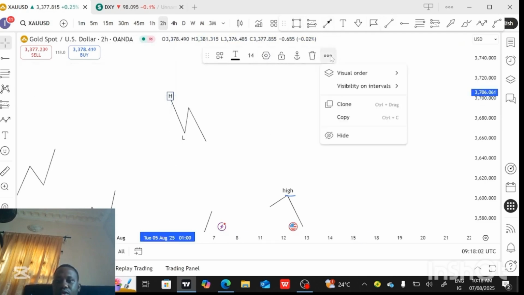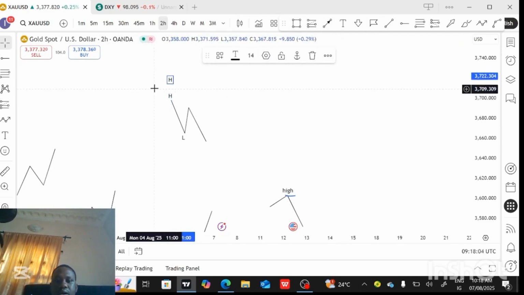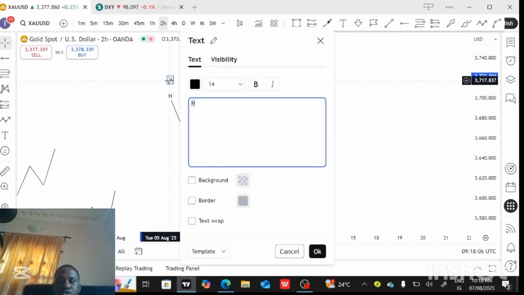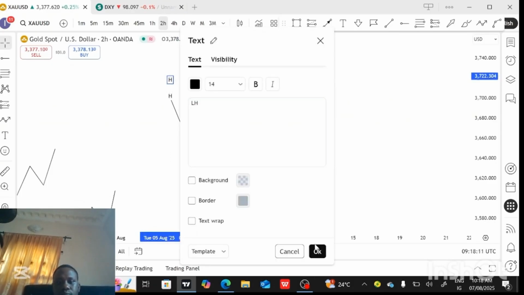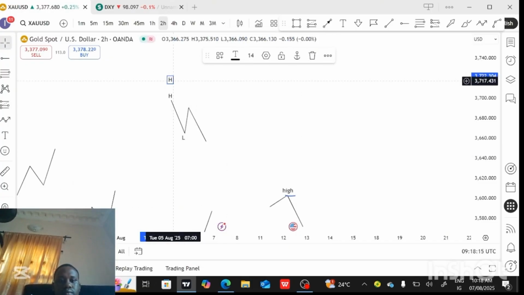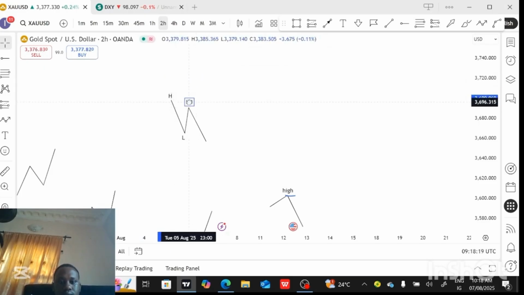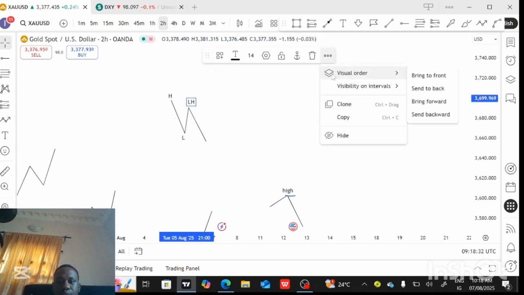I wanted you to know why we name it lower low, lower high, and all of that. This becomes our lower high, right? And price broke this low, giving us a new low, and this becomes our lower low.